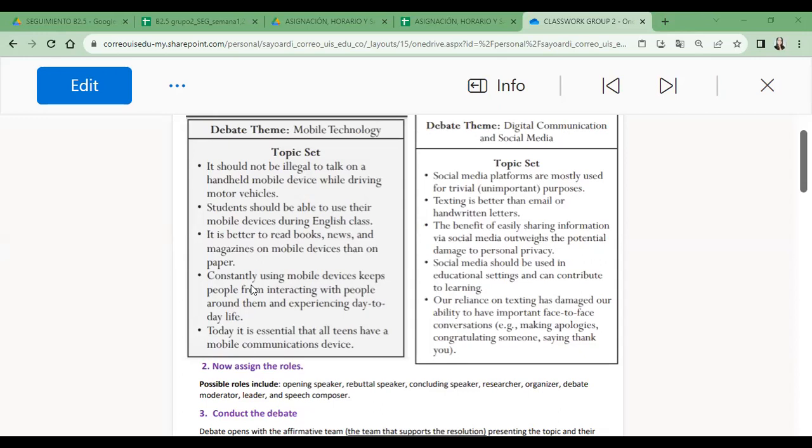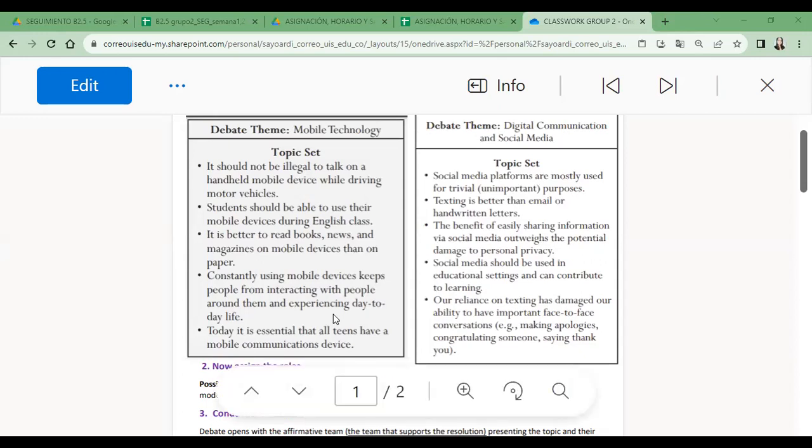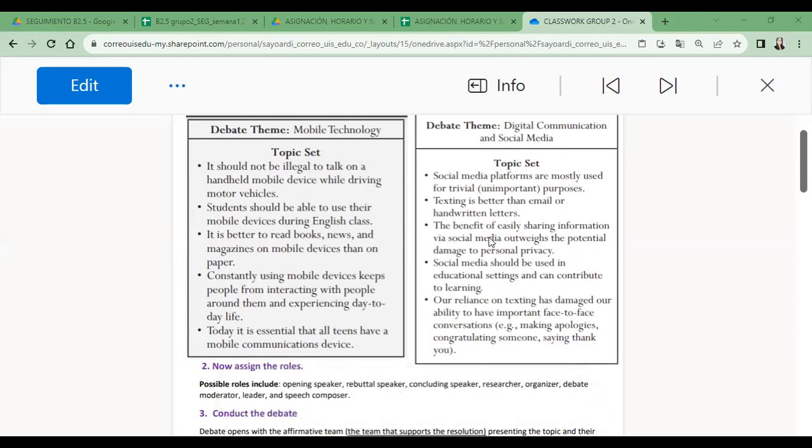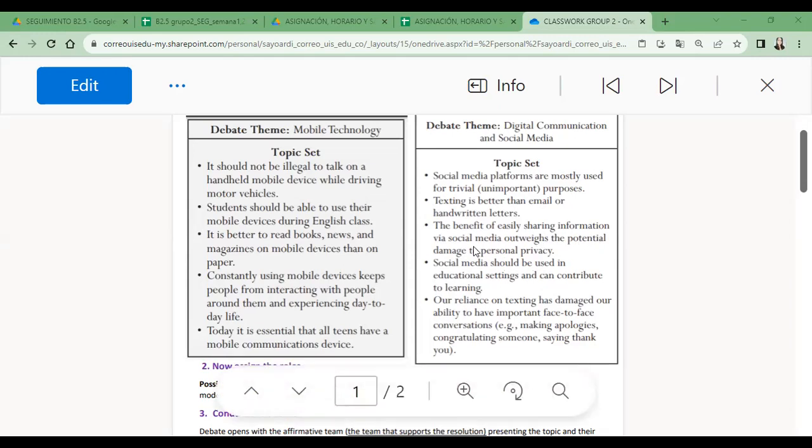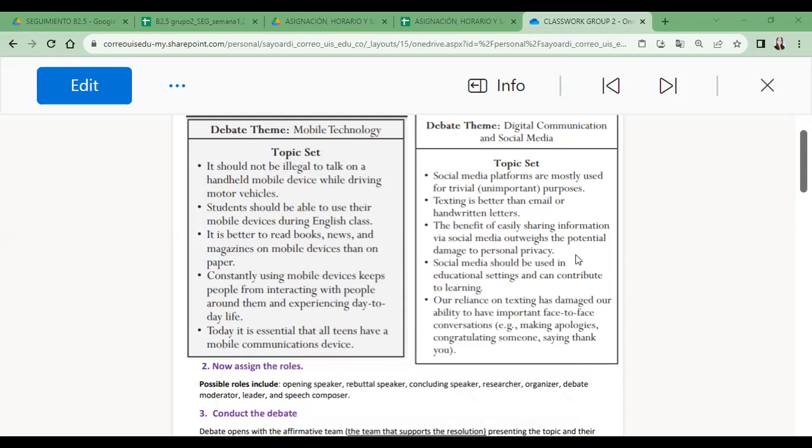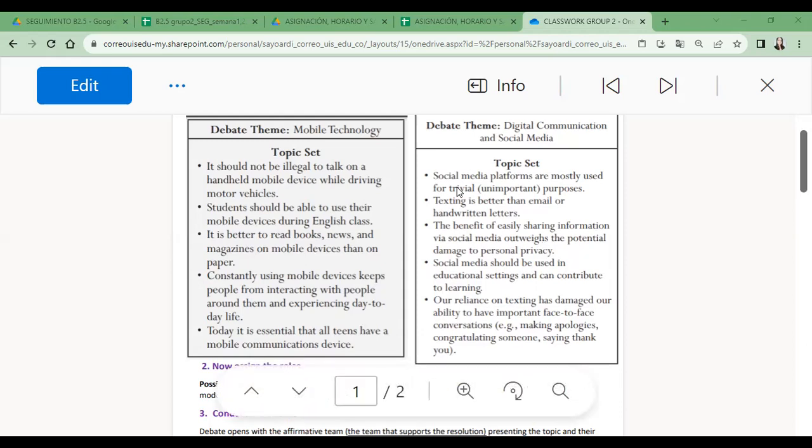Yes, 5 for 3. Okay, guys, we are going to debate on the benefit of easily sharing information via social media outweighs the potential damage to personal privacy. That is the topic. Okay, that is 3.